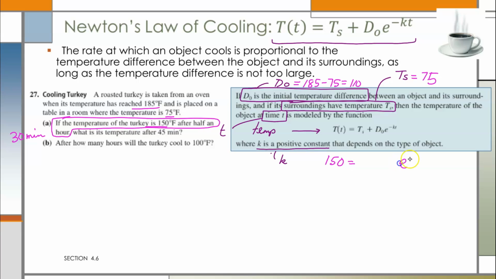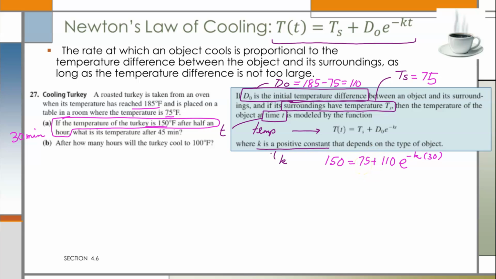So when we do that, e to the negative k, time is 30 minutes, so we can fill that in. Ts was our surrounding temperature. We said that was 75, and D sub 0 was the difference between the object and the surrounding temperature. We said that was 110. Here's what we're going to use to solve for K. We subtract 75 first.